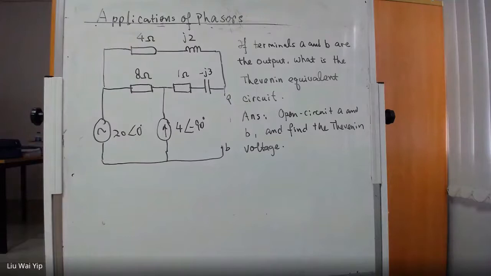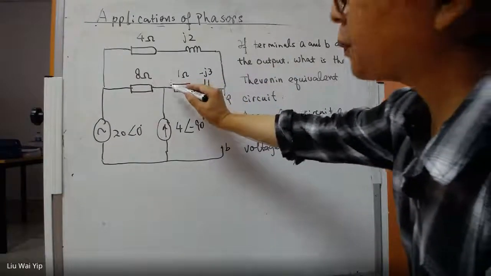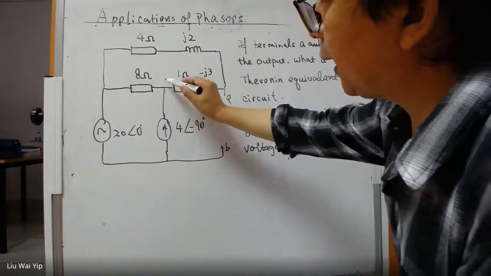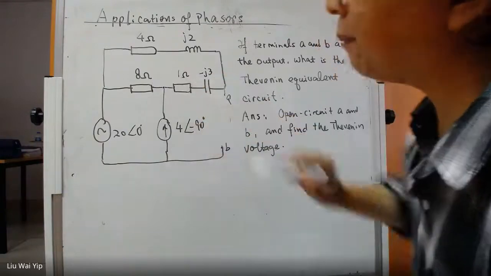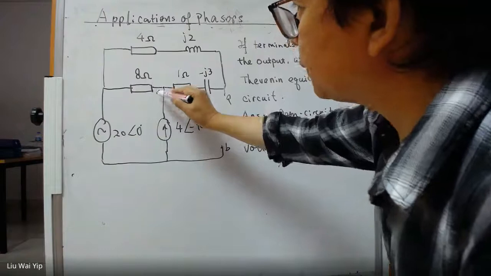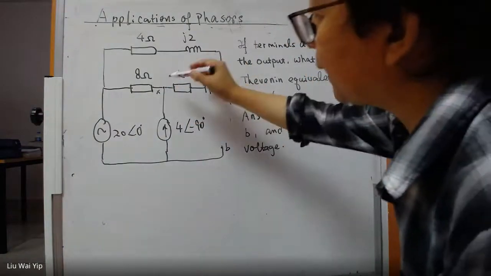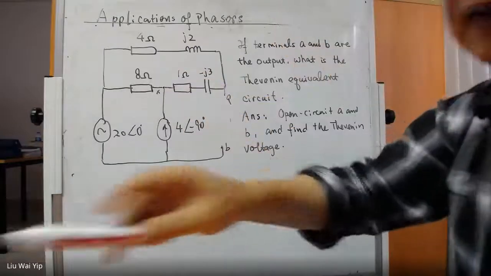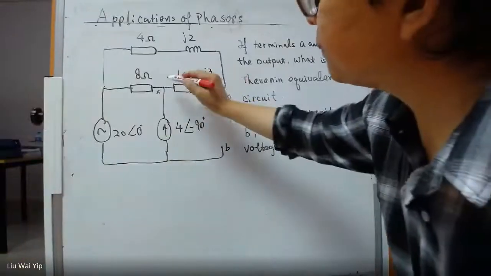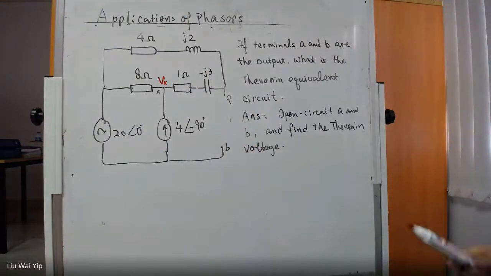And how are we going to find it? The circuit is very complicated, but it isn't complicated at all. All you need to do is a trick. Now we have a common point here. Let's label this point as node X, and the voltage at this point is going to be Vx.